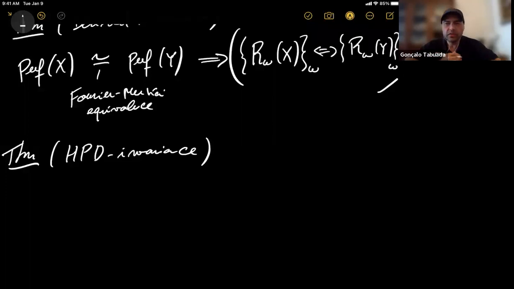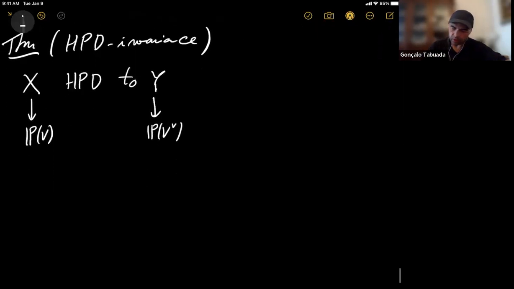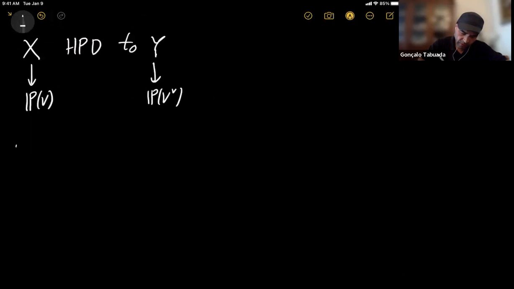HPD stands for homological projective duality in the sense of Kuznetsov. Whenever you have a variety X which is HPD dual to Y, in fact, they come equipped with maps towards projective space and towards the dual projective space. And then whenever you have a subspace of the dual, you can take linear sections in both of them.